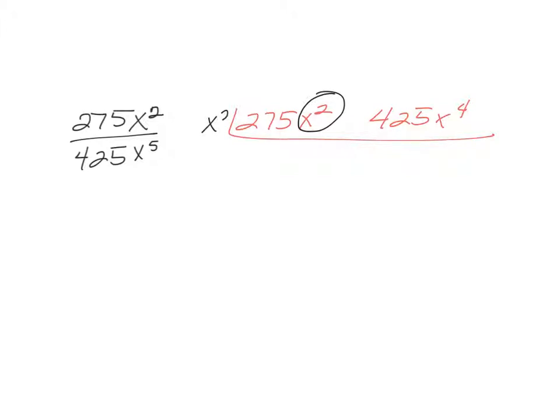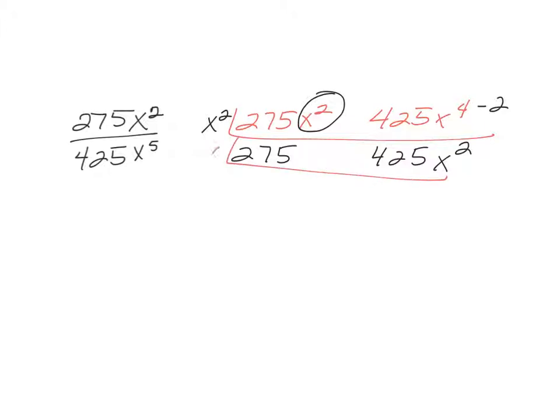So x to the second cancels from 275, and 425 is left with x to the second, because remember when we do that, we're really subtracting our variables.